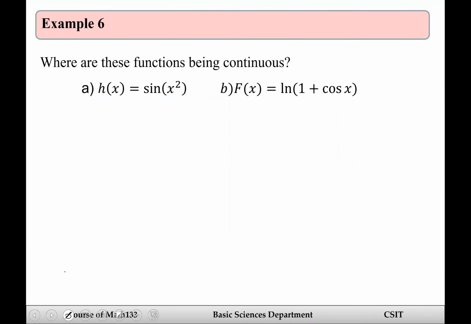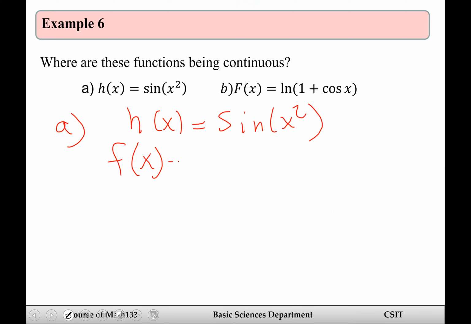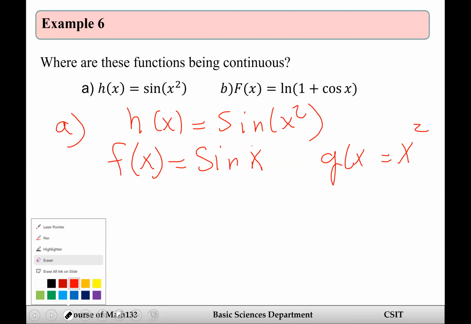Look at this function, and we want to say where these functions are continuous. So we give here the composition of our function, h of x is equal to sine x squared. So I will choose f and g. f is the first function, it is sine of what is inside, so sine x. And g of x is x squared. So clearly you see that the composition makes sense for h.